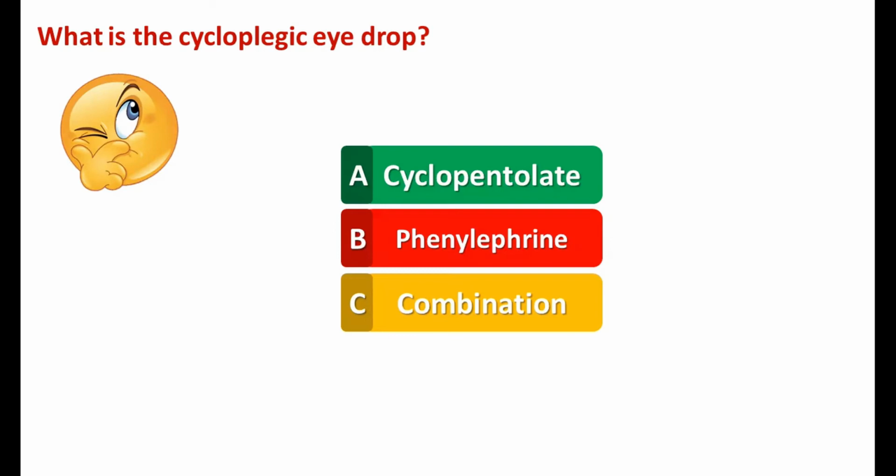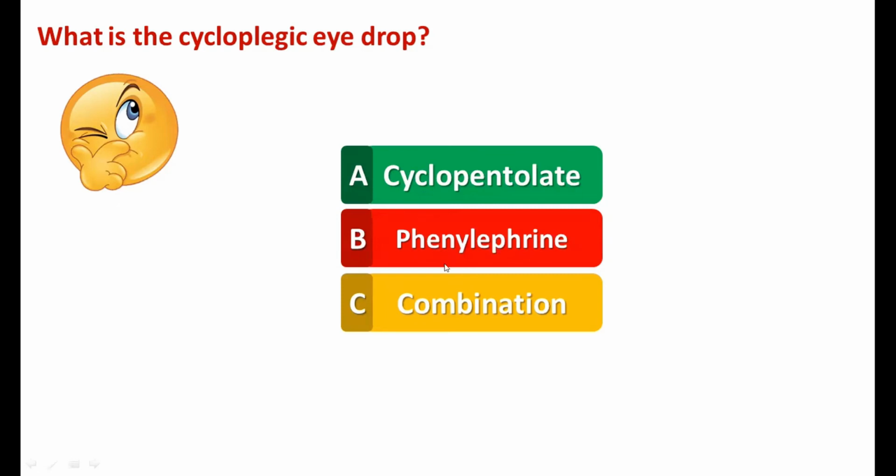I want someone to give me the rationale for using phenylephrine. So again, we want to relax the ciliary muscle. The ciliary muscle is under the influence of parasympathetic supply. All right. So we have to give a parasympatholytic drug, which is the cyclopentolate.